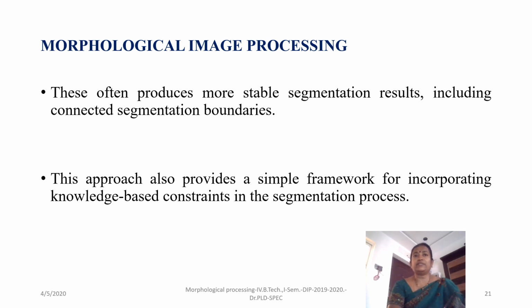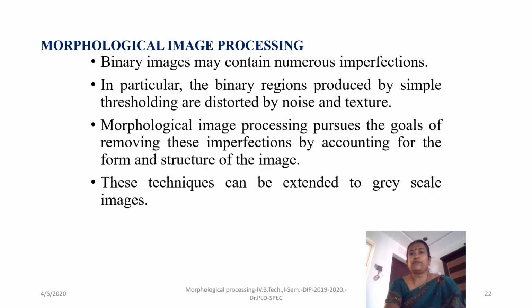Next, morphological image processing produces more stable segmentation results, including connected segmentation boundaries. This approach also provides a simple framework for incorporating knowledge-based constraints in the segmentation process. Binary images may contain numerous imperfections, and those imperfections get minimized with morphological image processing.